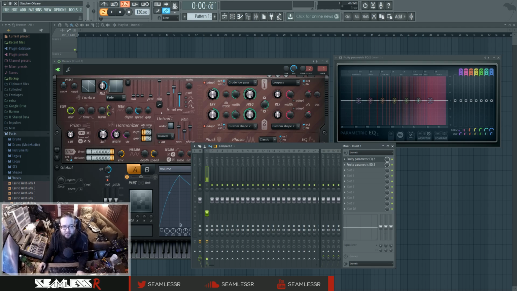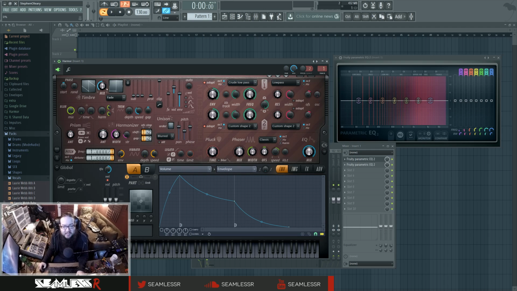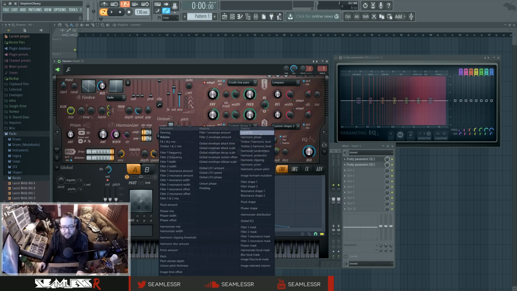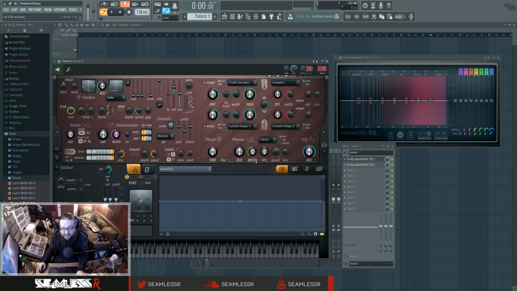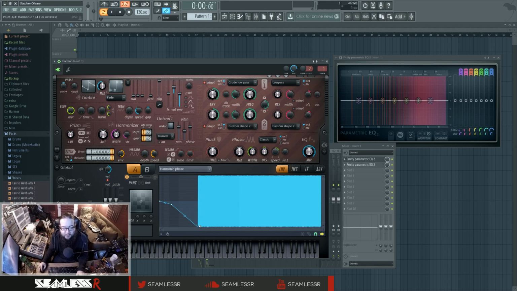This is important because you can get something that isn't fully a saw wave and still get saw-based harmonics. If you mess around with any part of the saw wave, like if I mess around with the phase, you can see that starts to royally mess with it.